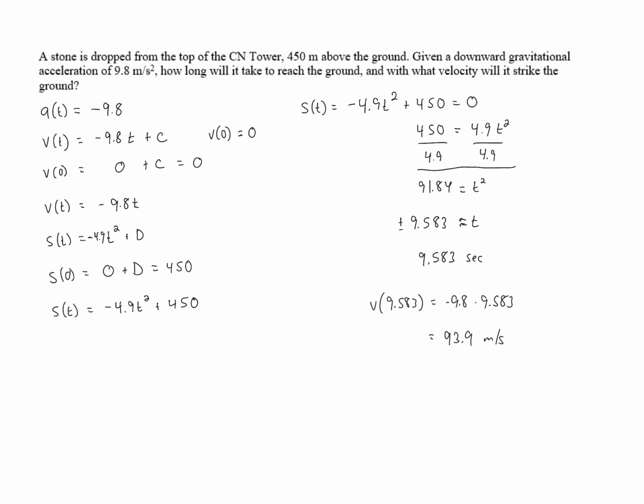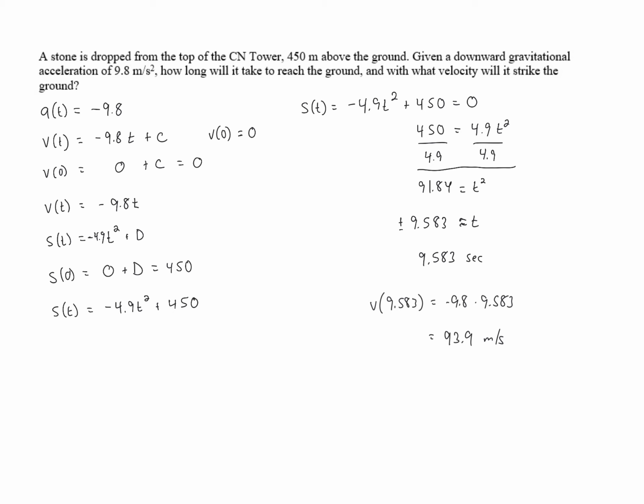This is measured in meters per second because it's velocity. That is very, very fast. So you do not want to drop a stone off the top of the CN Tower, because if that hits a vehicle or a person, heaven forbid, it's probably going to kill them.